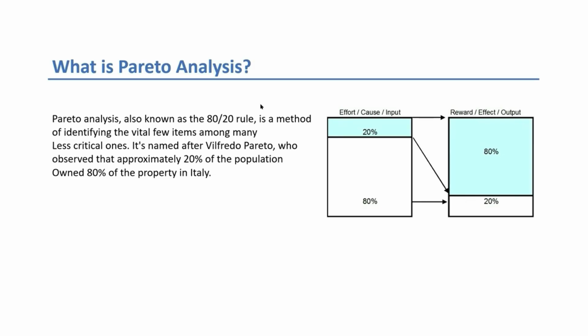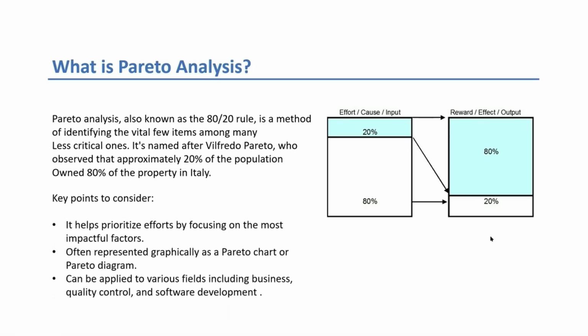And here in the adjoining figure, we can clearly see that 20% of efforts, causes or inputs are delivering us the 80% of rewards, effects or outputs. And similarly, the remaining 80% of efforts, causes and inputs deliver only the remaining 20% of rewards, effects and outputs. So this is the underlying principle of Pareto analysis.